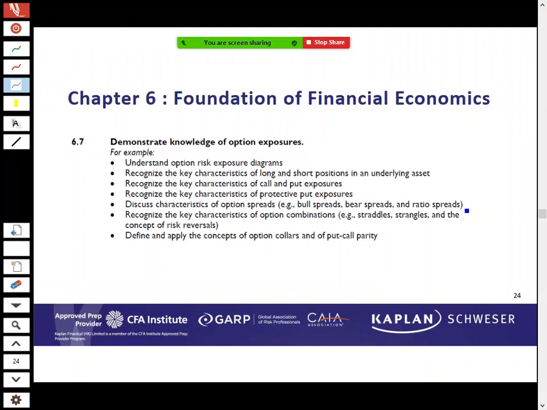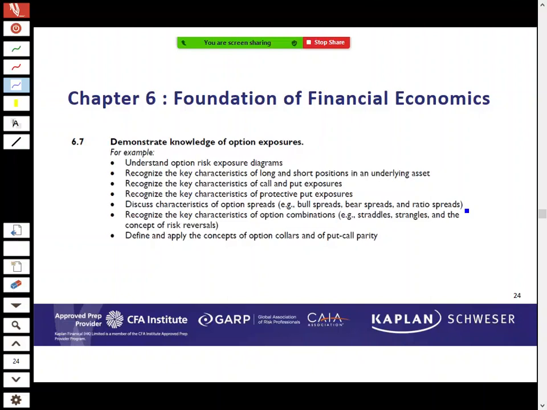So with these options, in the curriculum, the introduction to the AI, we are also required to understand options, the payoff, and how it makes the portfolio different from traditional investments.